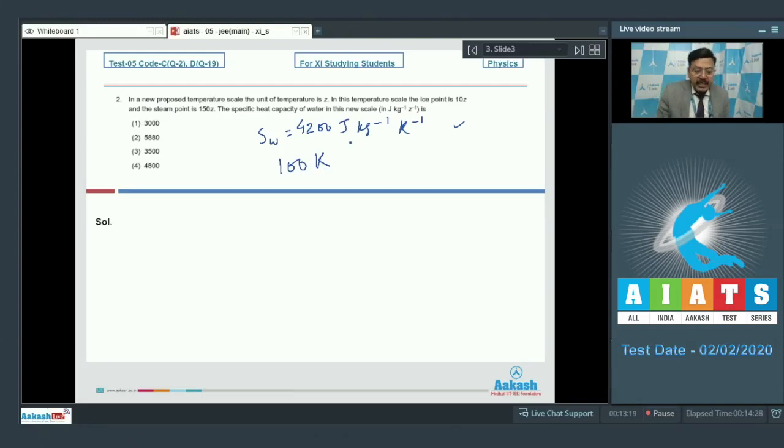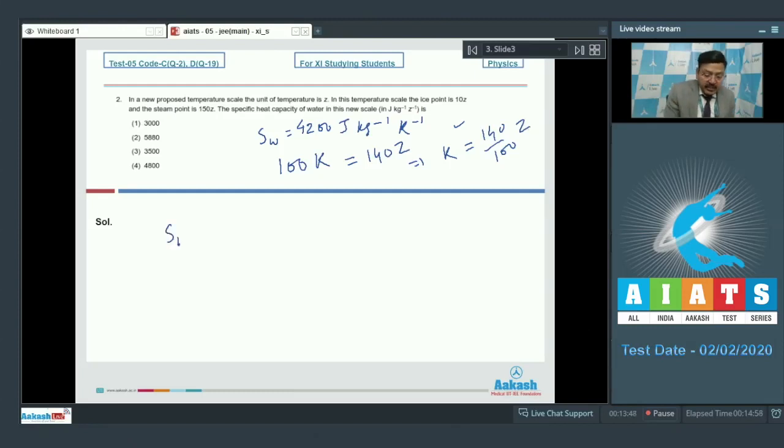So a temperature difference of 100 Kelvin is equal to a temperature difference of 150 Z minus 10 Z, that means 140 Z. So it means that we can put Kelvin interval as 140 by 100 Z interval.